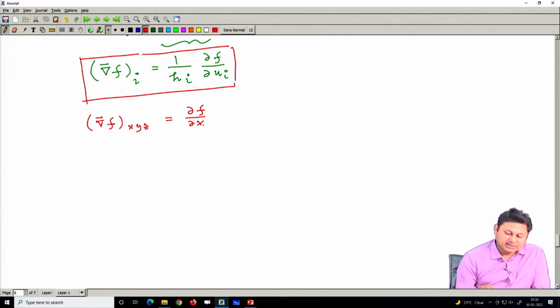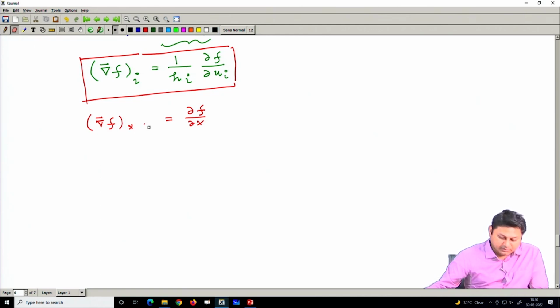I am just writing the component, not the vectors here. So, I am just taking the x component, but it is the Cartesian coordinate system.